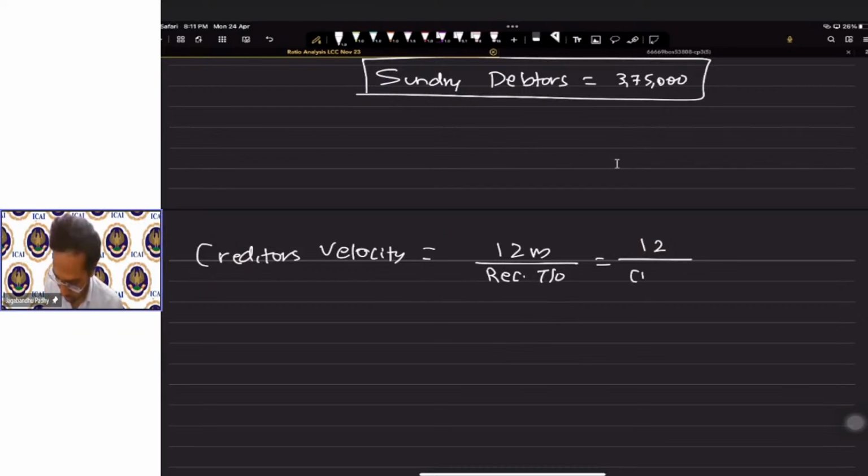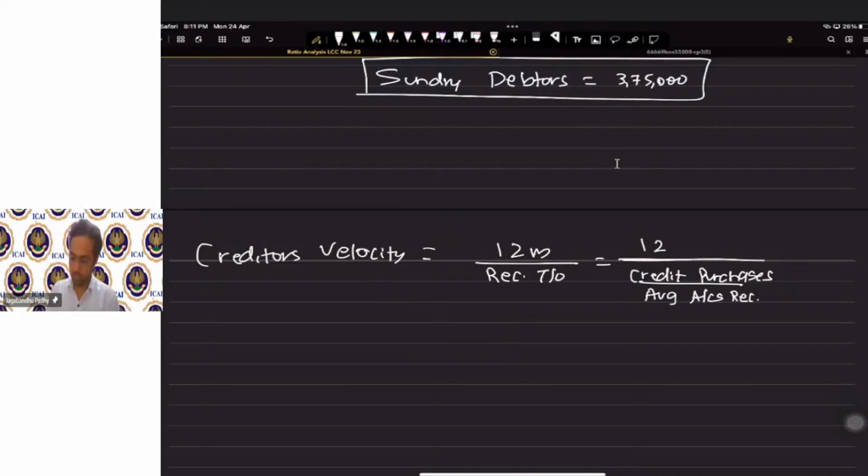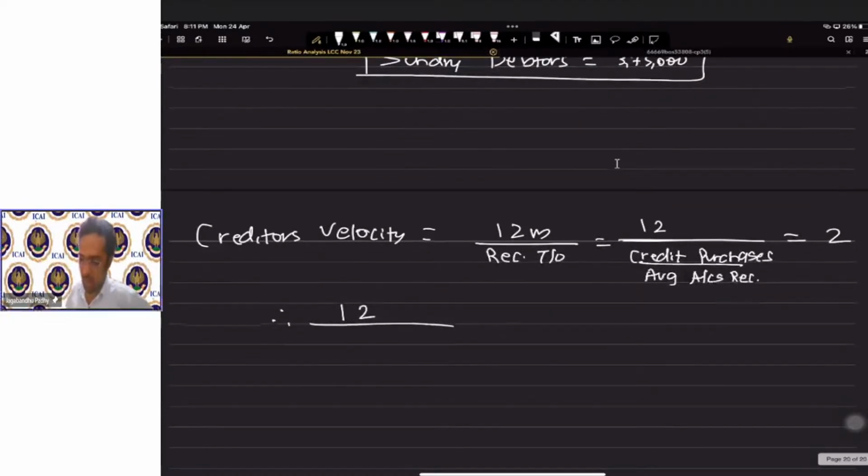So this is going to be 12 divided by credit purchases upon average accounts payable, and this is given to be 2 months, right?